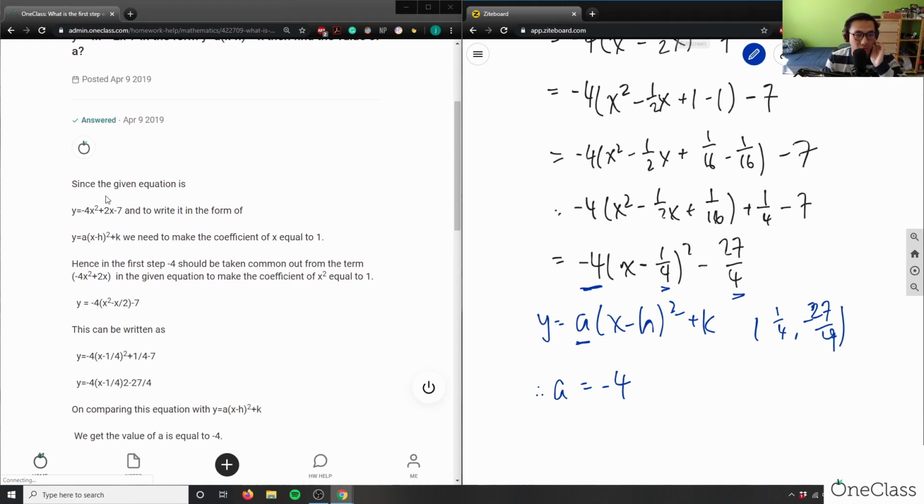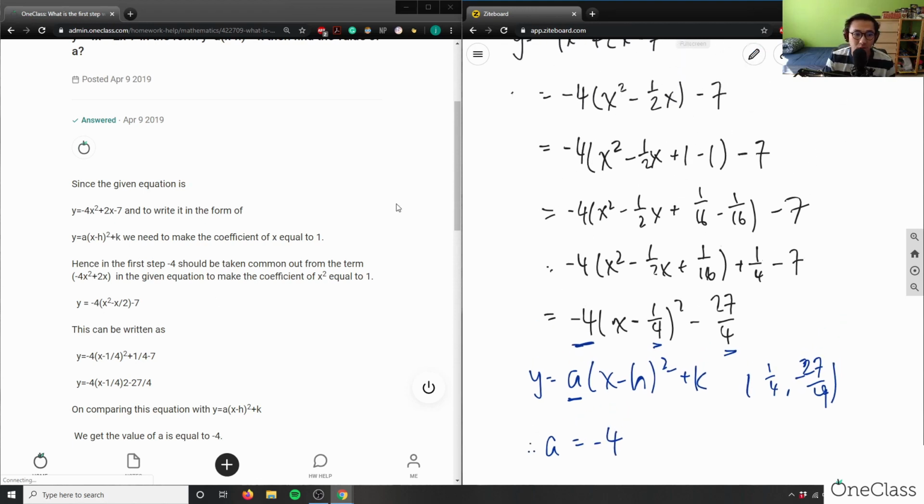So let me see what they wrote here. Since the given equation is negative 4x squared plus 2x minus 7, that's good. We take out negative 4 like we did in the first step, so we have x squared minus x over 2. That was our first step. Then they completed the square, and they would have gotten x minus 1/4 squared plus 1/4 minus 7.